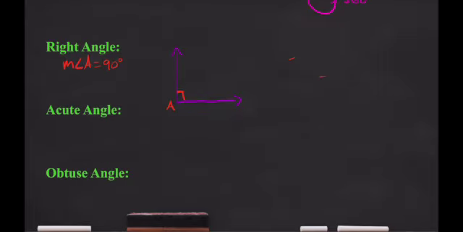Acute angle, it's so cute. It's small. It's petite. It's smaller than 90. So if we have a 90-degree angle, the acute angle is going to be smaller than that. So the measure, let's say that this is angle B. The measure of angle B will be less than 90 degrees.